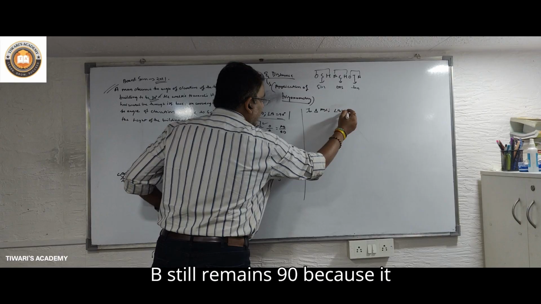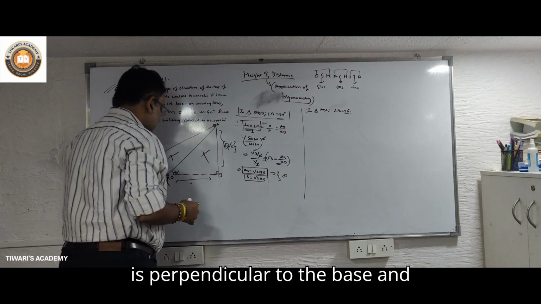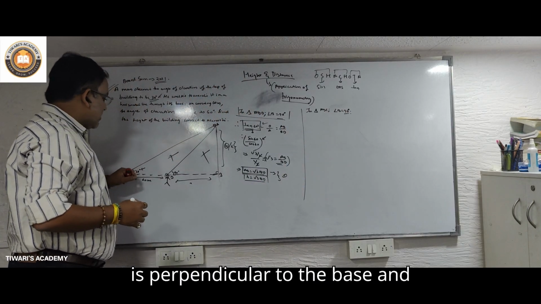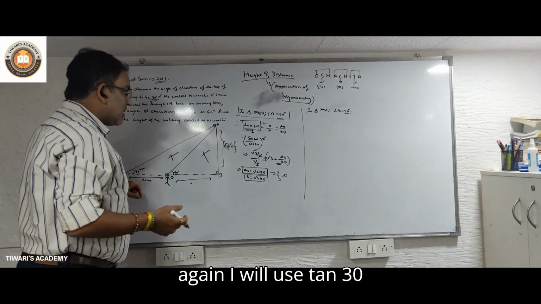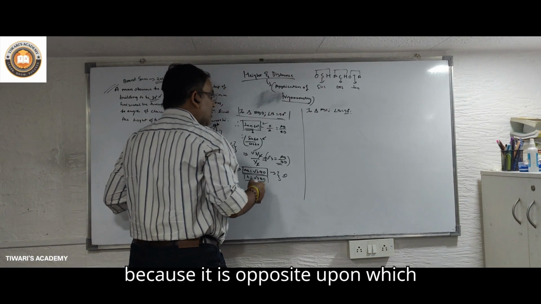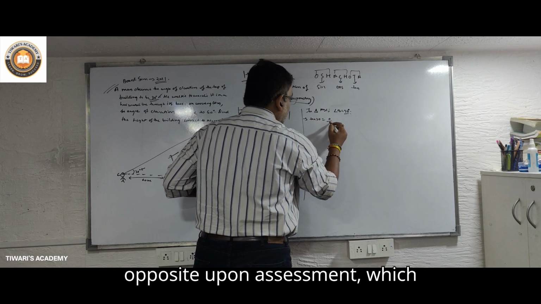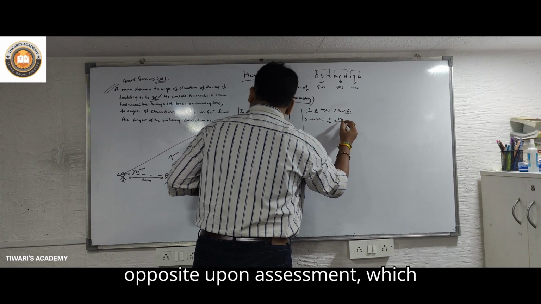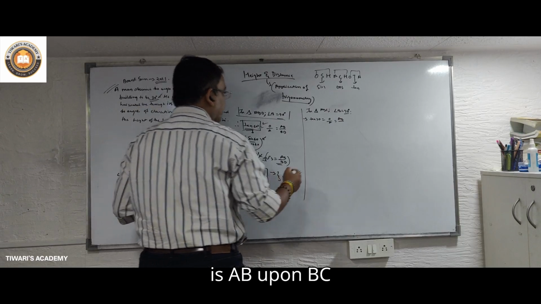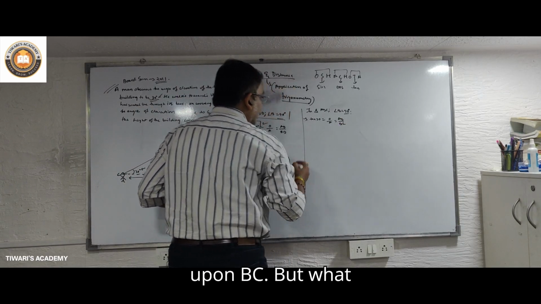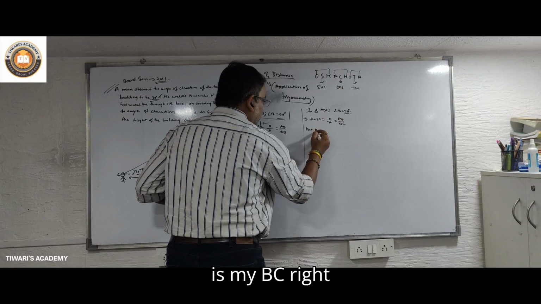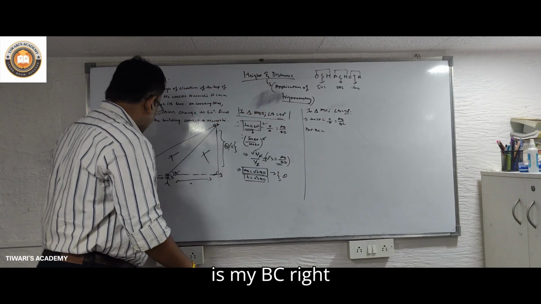Angle B still remains 90 because it is perpendicular to the base. Again I will use tan 30 because it is opposite upon adjacent, which is AB upon BC. But what is my BC right now?